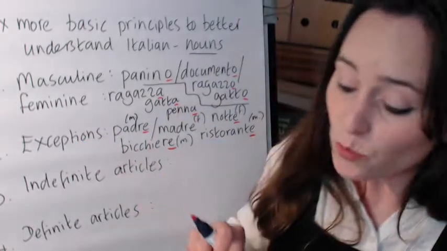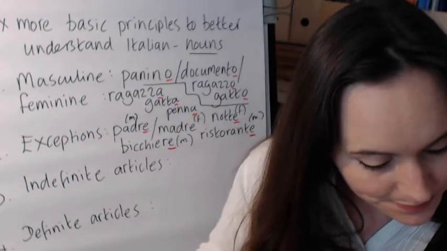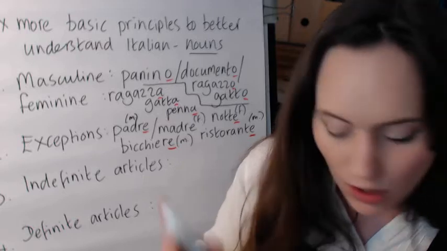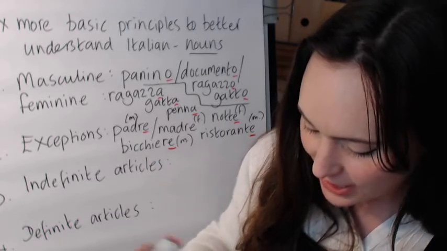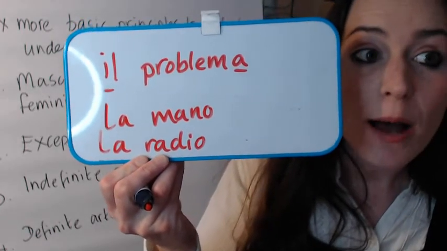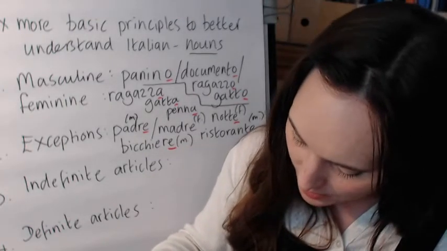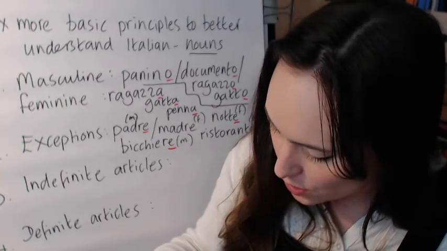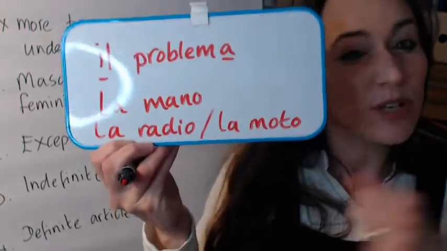Okay, now here's another one worth mentioning. So, for example, la radio or la moto, like a motorbike. So these are a little bit different in that these have been abbreviated.